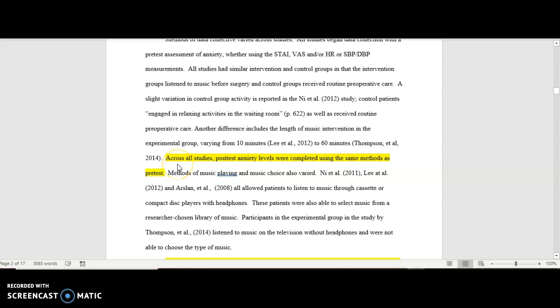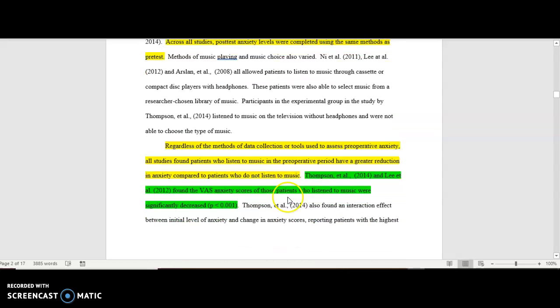And this writer states that across all studies, post-test anxiety levels were completed using the same methods as pre-test. So what that's saying is that out of the studies that I looked at, all of them did this, again showing synthesis of that literature. Here's another statement.